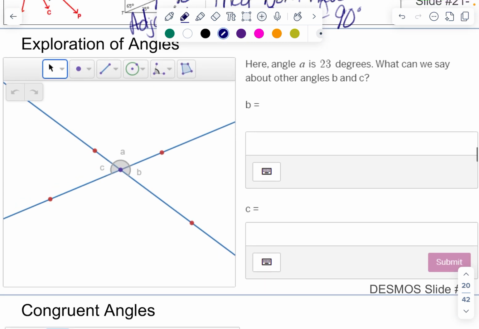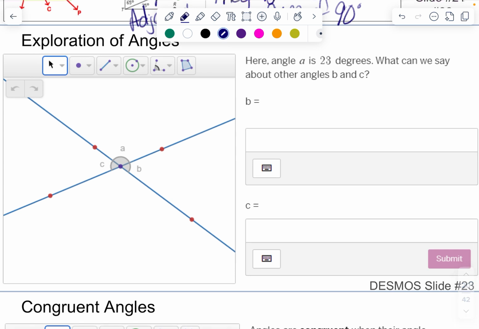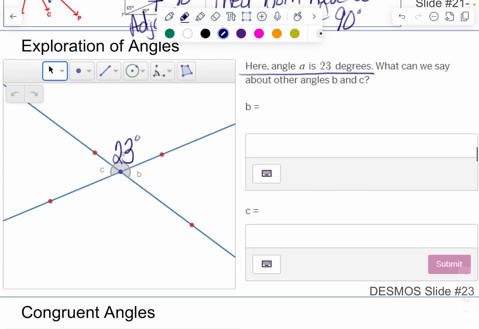So, here angle A is 23 degrees. What can we say about the other angles? Angle B and C. Well, here's what we can do.